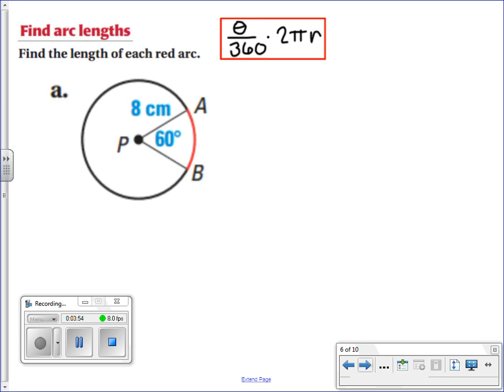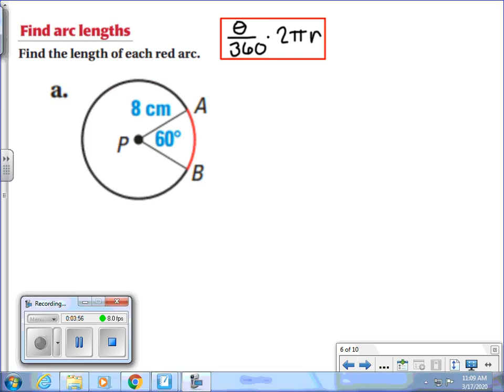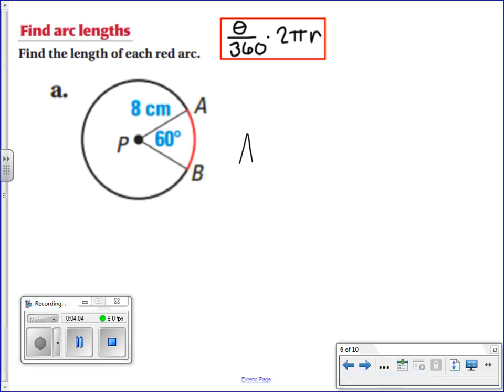So here is our first example. We're going to find the length of each red arc. So we are going to find the arc length of AB. Well, the arc length is equal to theta divided by 360 times 2 pi r.